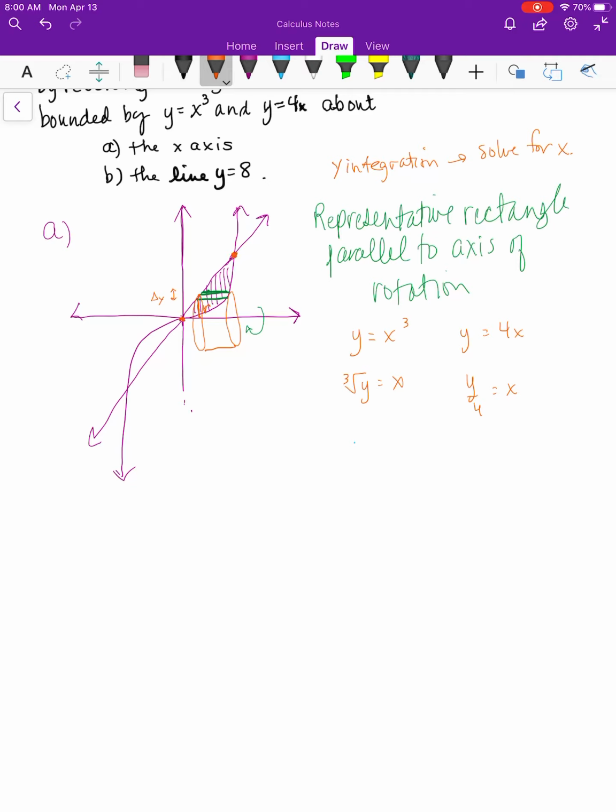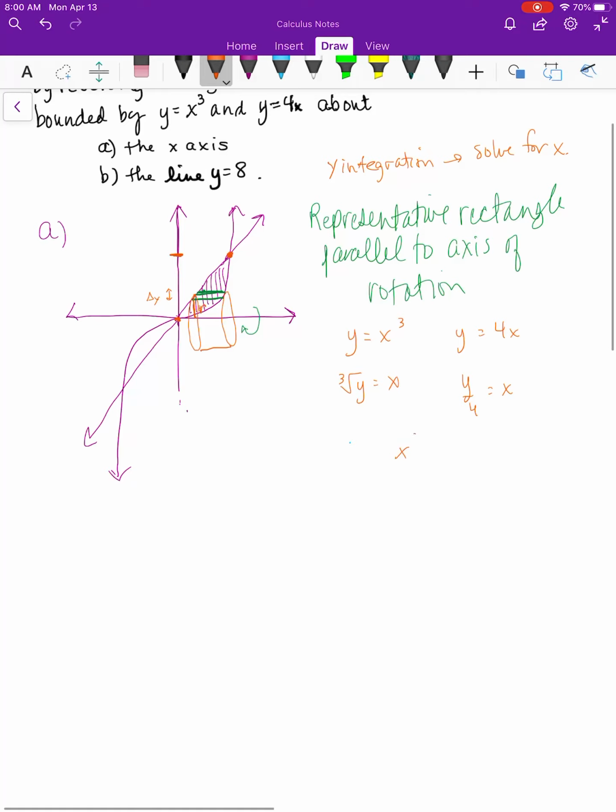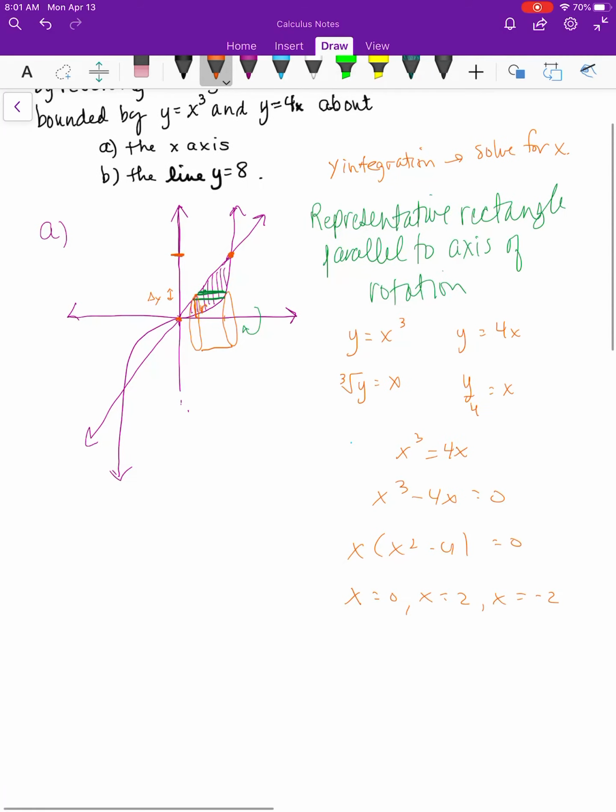Okay, the other thing I need to know, I know that they intersect at 0, but I need to know this other point of intersection here. I need to know the y value of it, but I'm just going to go ahead and set x cubed equal to 4x, and that I've got x cubed minus 4x equals 0, factor an x out, and x equals 0, x equals 2, x equals negative 2.